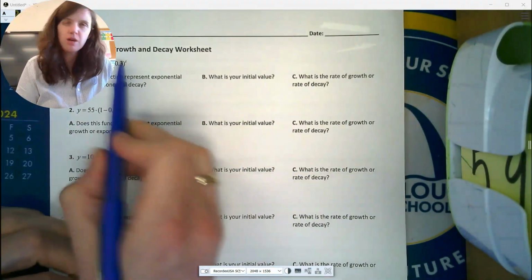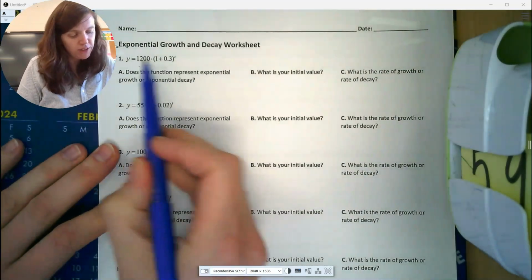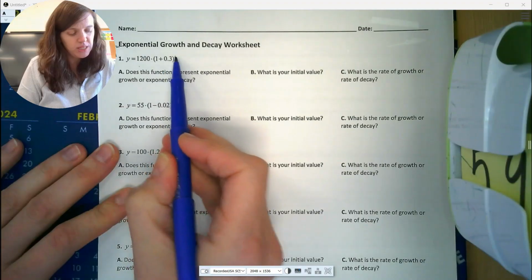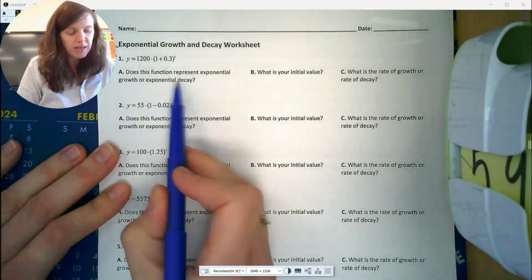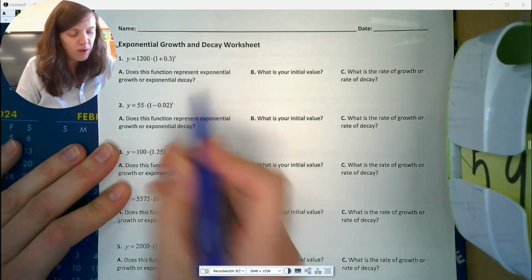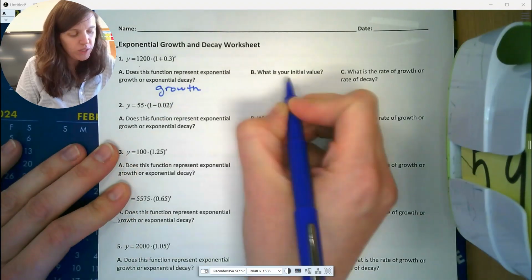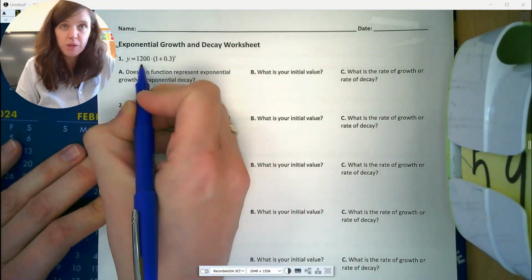They just give you the formula without the situation. So here I have the 1200 times 1 plus 0.3 to the t power. Does this represent exponential growth or decay? We'll see it has a plus here. And so if it's a plus, then it's a growth. What's my initial value? My initial value means my starting value.